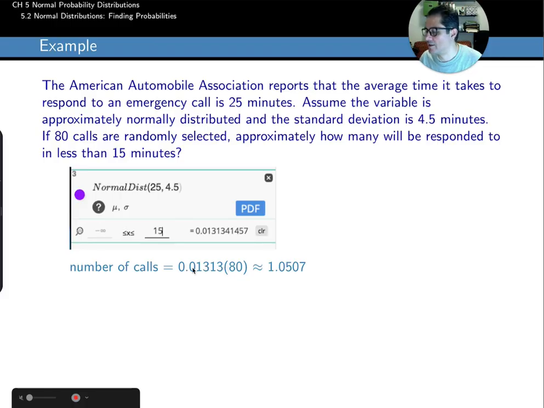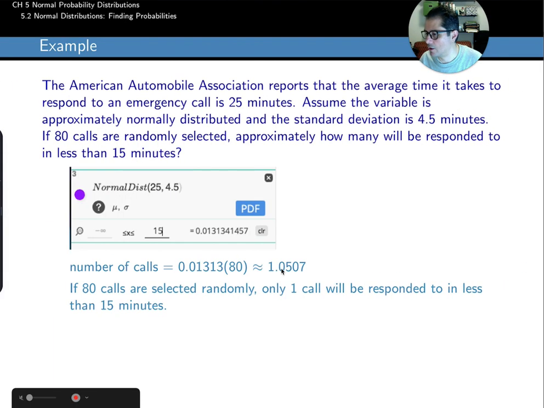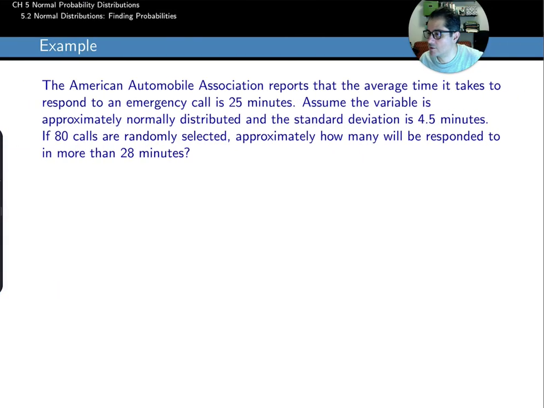When you multiply to get how many, it's approximately one call. It's very small, just about one call, because it's 1.05, so it rounds down to 1 call. If the question is not about the areas but about how many of something, you have to convert using the percentages.